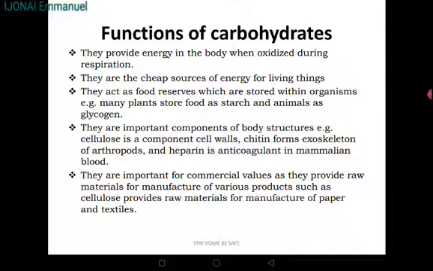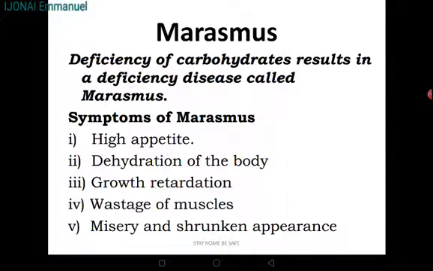Well, we are going to look at the deficiency syndrome of carbohydrates. Lack of carbohydrates in our bodies leads to marasmus. Yes, the deficiency disease caused by lack of carbohydrates or inadequacy of carbohydrates in our bodies.